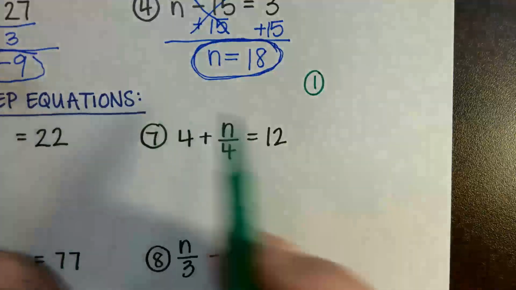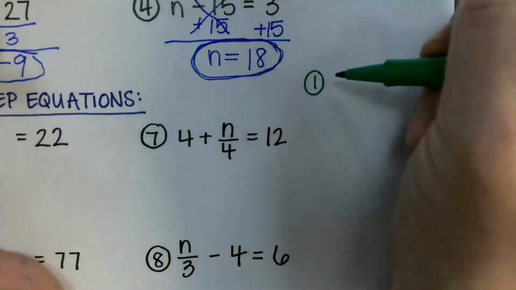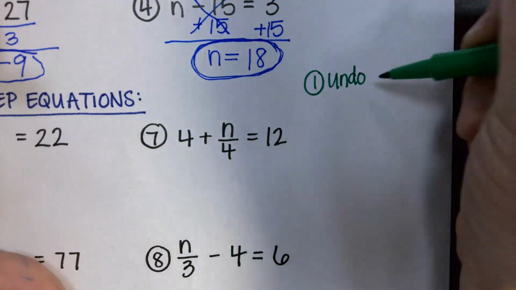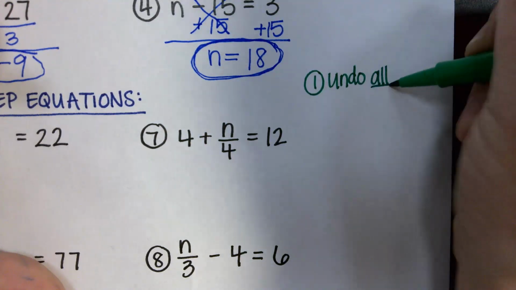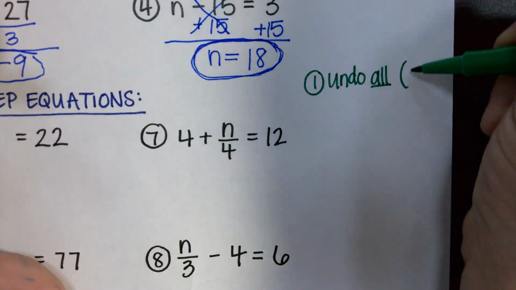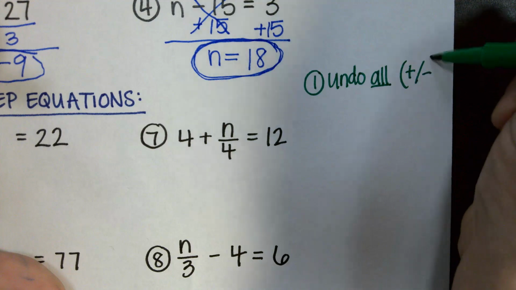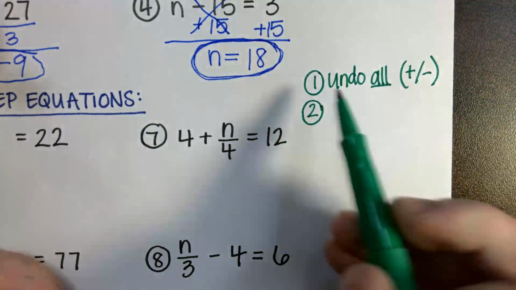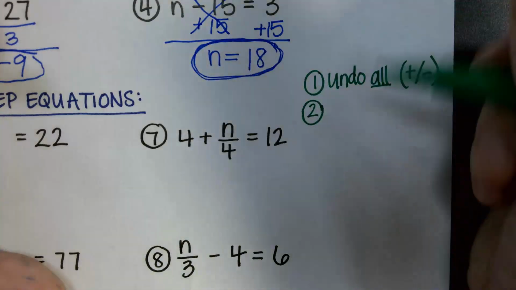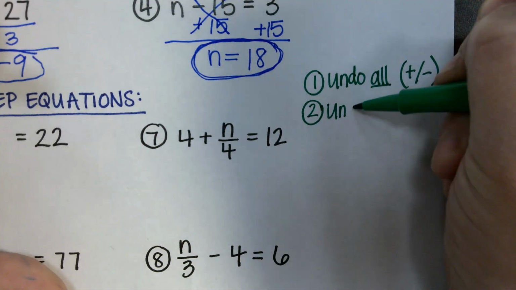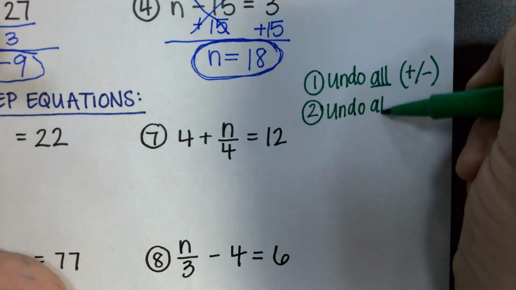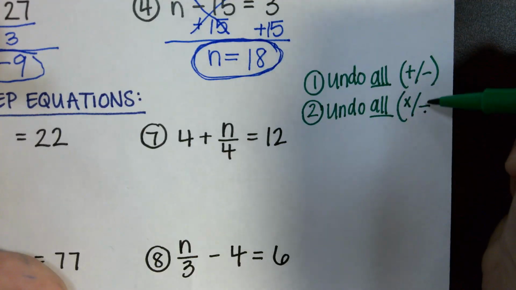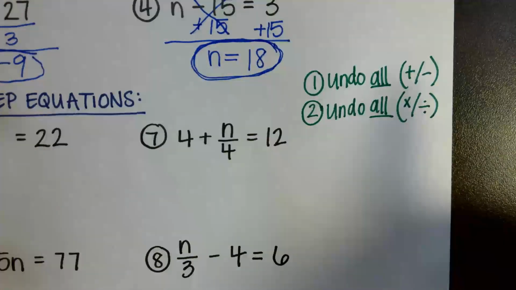Whenever we're solving equations with more than one step, the first thing you want to do is undo all addition and subtraction first. And then step 2 is once you've done all of that, we undo or cancel out all of the multiplication or division.